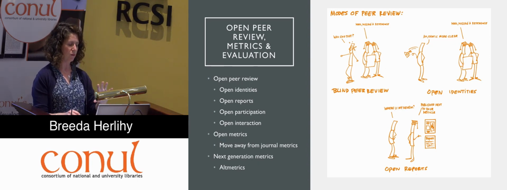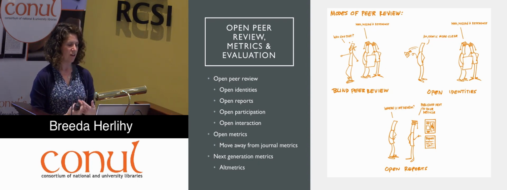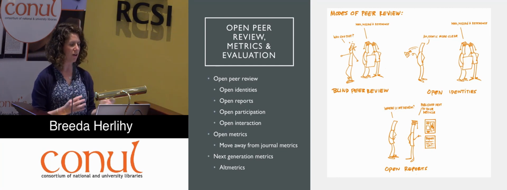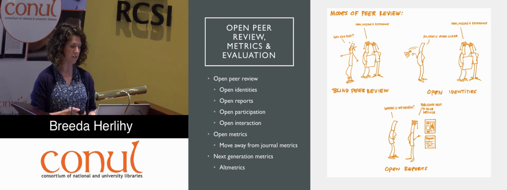Whereas with open peer review, if there are open identities, if the subjects and the reviewers know each other, then in theory those biases should be discounted for. So there are pros and cons around open peer review, but it does offer opportunities to people to get credit for doing peer review on scientific publications, but also it allows us to see the open reports of that peer review.